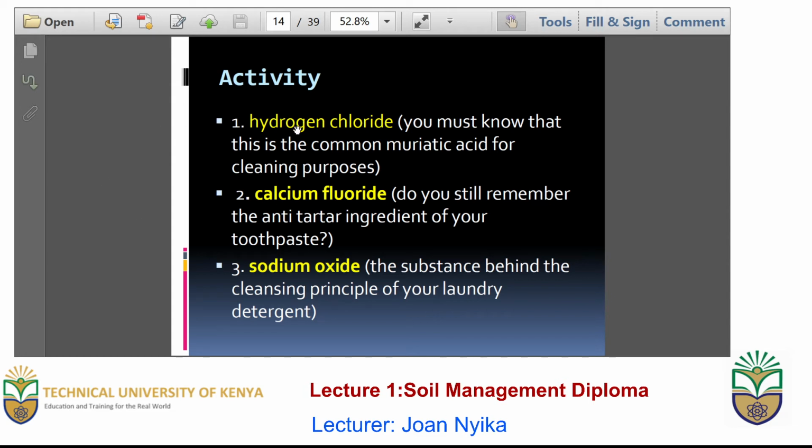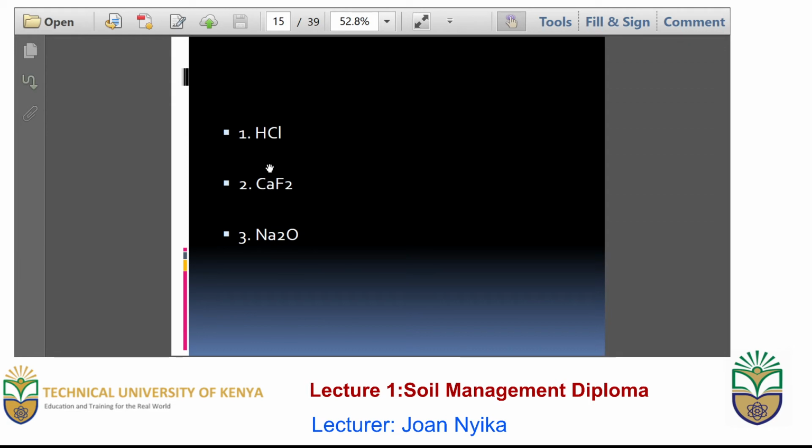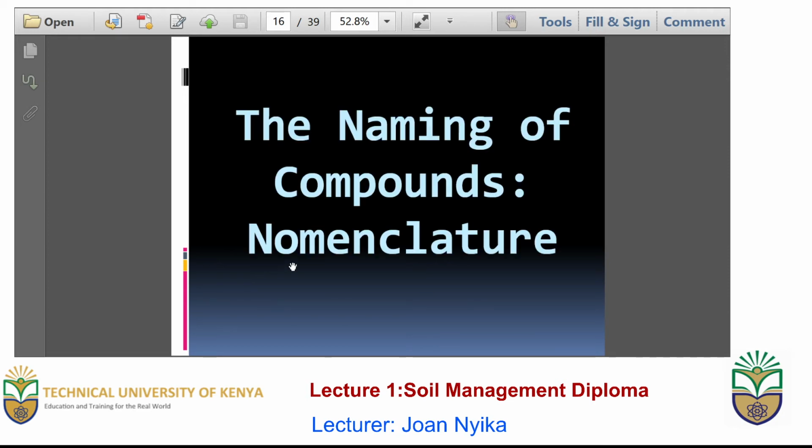Look at the case of hydrogen and chlorine. They form hydrogen chloride. Calcium and fluorine form calcium fluoride. Sodium and oxygen form sodium oxide. And these are the formulas for hydrogen chloride, calcium fluoride, and sodium oxide.